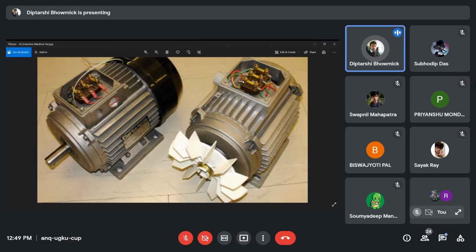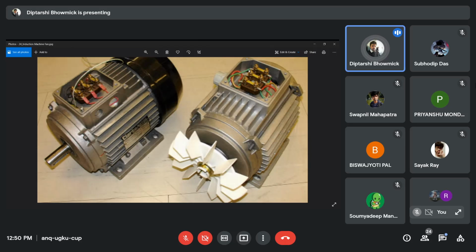And if you give the supply to the 3 terminals and connect the others like a delta, then it will be a delta connected winding. So you have a provision to make the winding as per your convenience, star or delta, in this motor where 6 terminals are available.